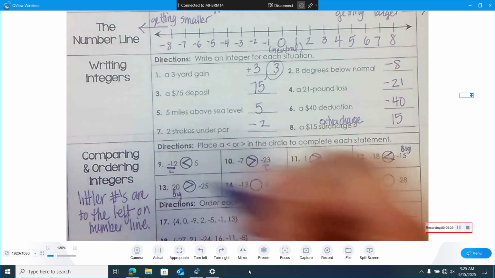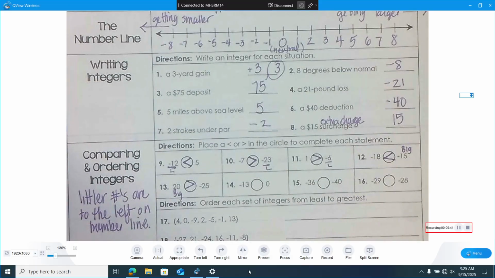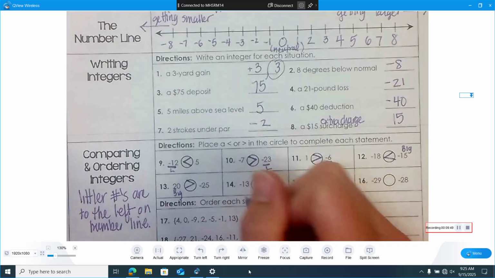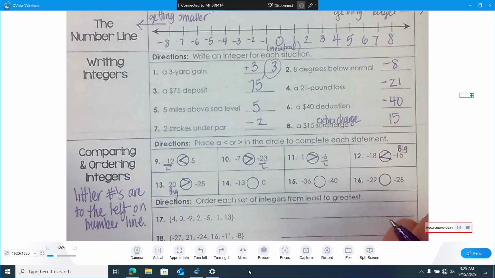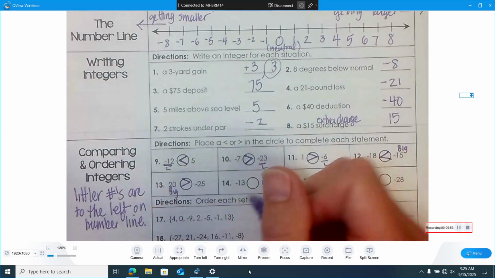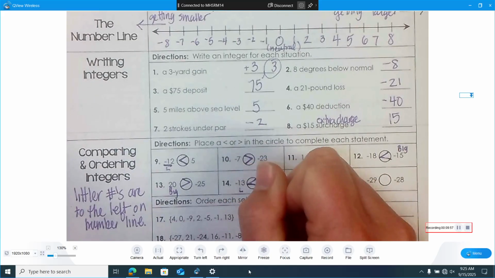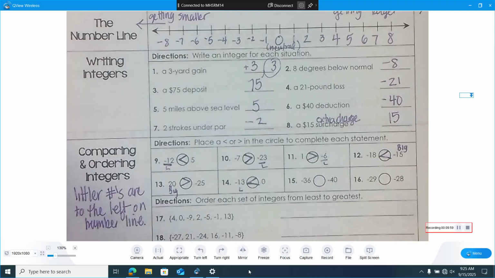All right, we have -13 and 0. Which one's littler? -13 is the little guy, so we want the alligator to eat the 0. All right, negative 36 and negative 40. Which one's bigger? Negative 36.